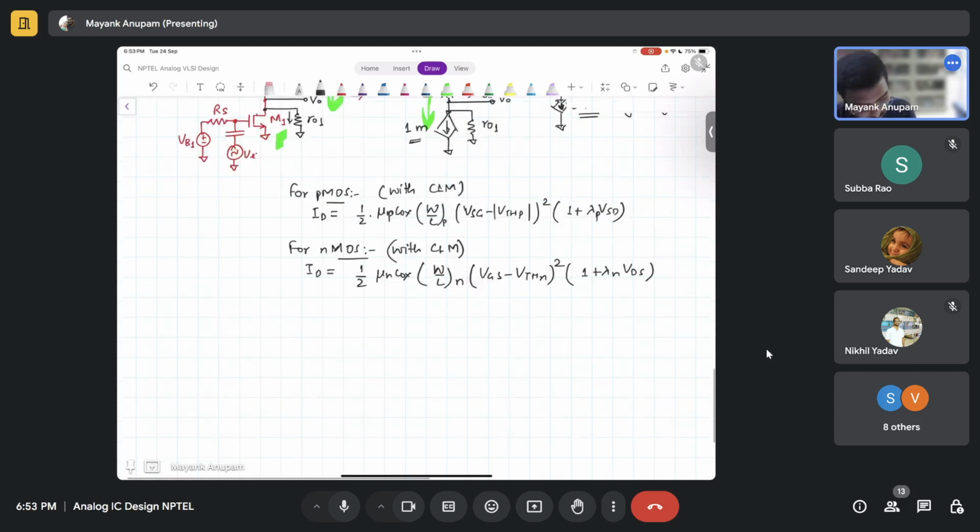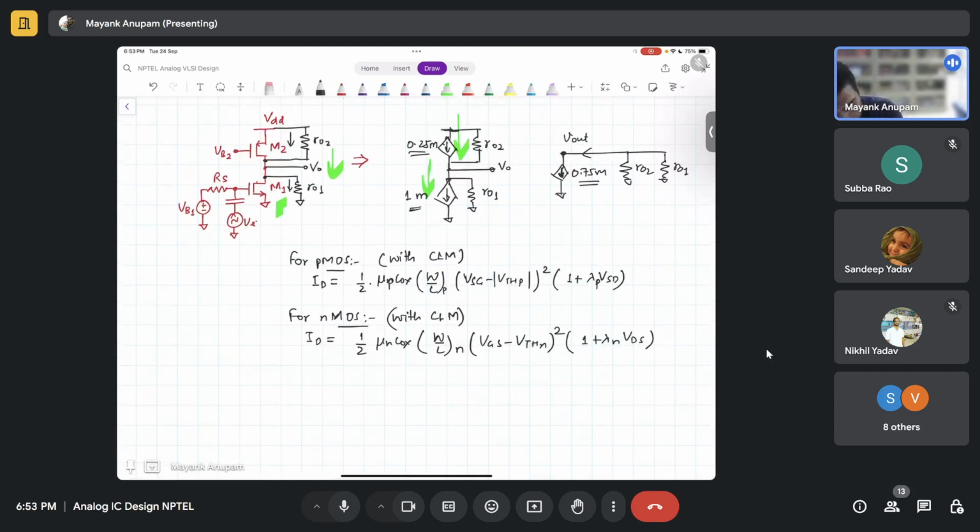So it is very easy to understand now that for a PMOS, if the drain voltage is going down, the current is supposed to increase, because the source to drain voltage increases. Whereas for the NMOS case, if the drain voltage is going down, then the current is supposed to decrease, right?